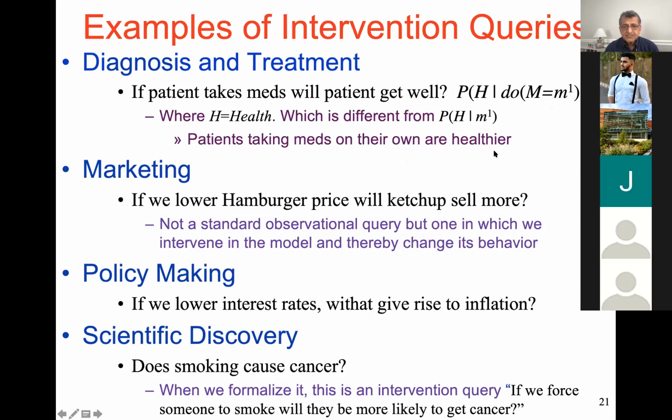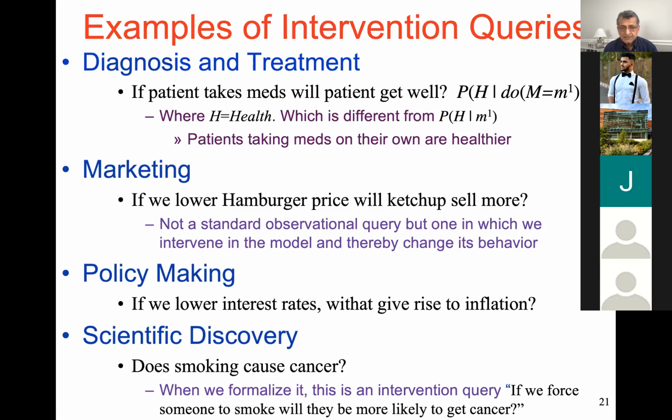Patients taking meds on their own are healthier. So we are not talking about observational data, that when people take the medication, are they healthy? In this case, we're talking about forcing an intervention.